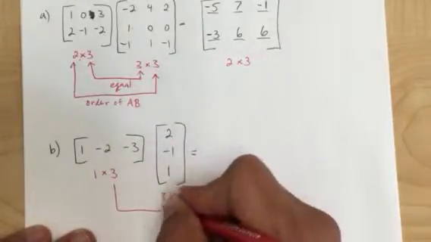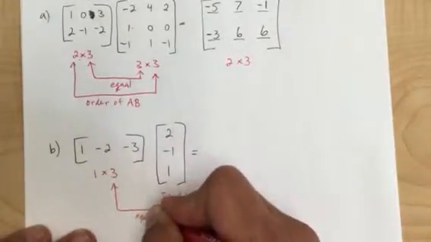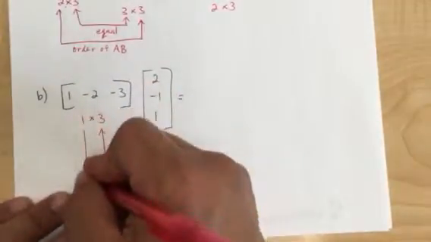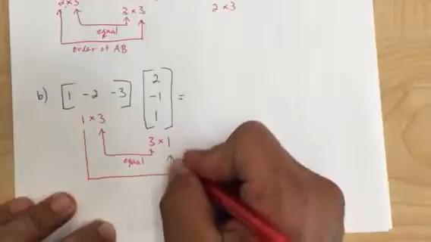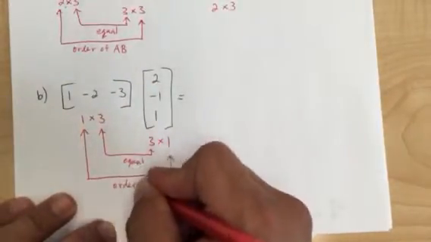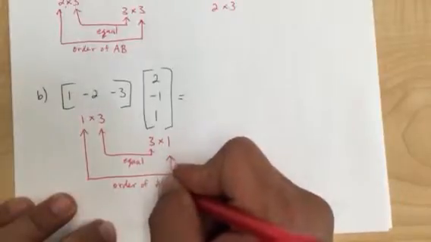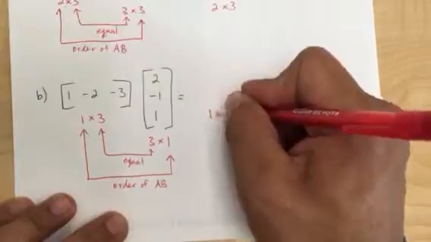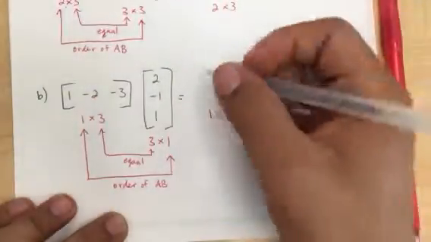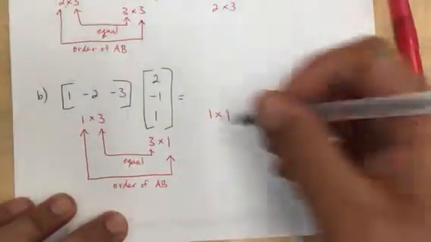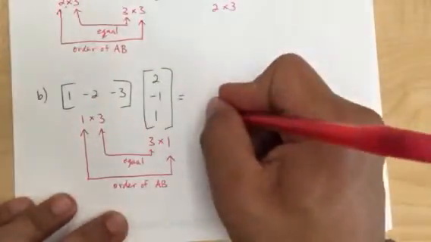Notice that these two are equal, so we can actually multiply these. And then notice that we have a 1 by 1, so our order of AB is going to be a 1 by 1. So we're just going to have a matrix that's a 1 by 1.